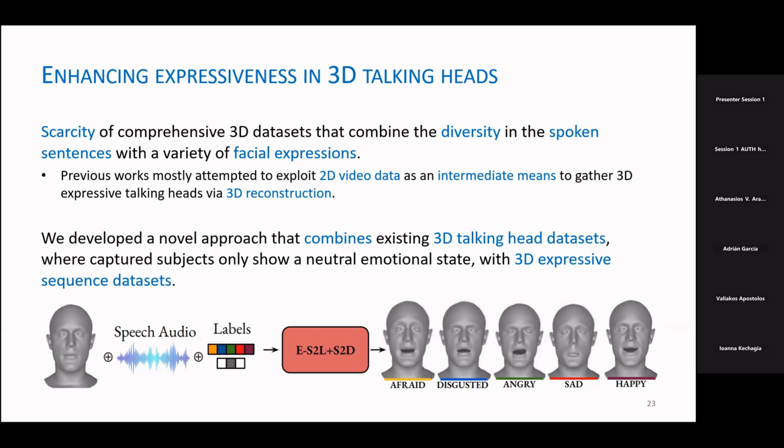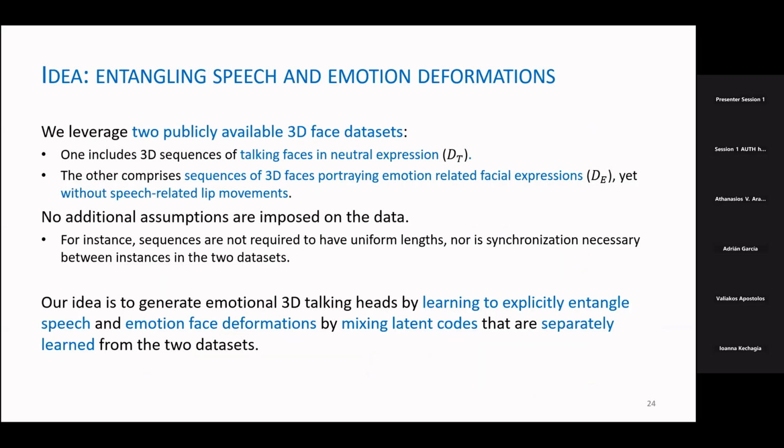So as a first attempt, we use the 6 basic emotions, the 6 emotions that have been classified by Ekman in his studies. So here, the idea that we had is the following one.